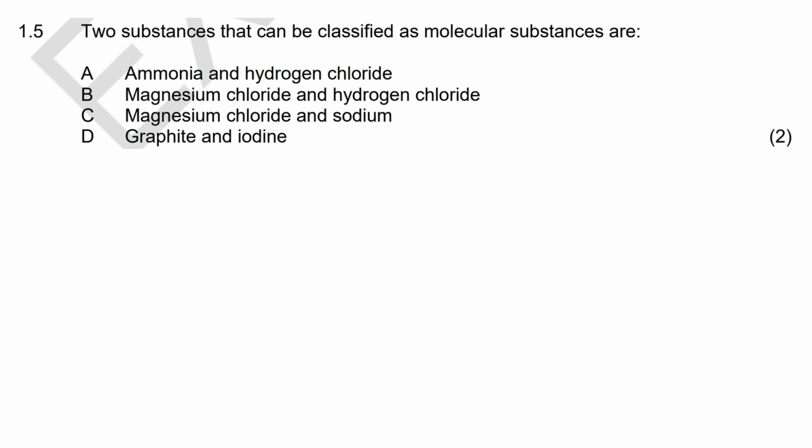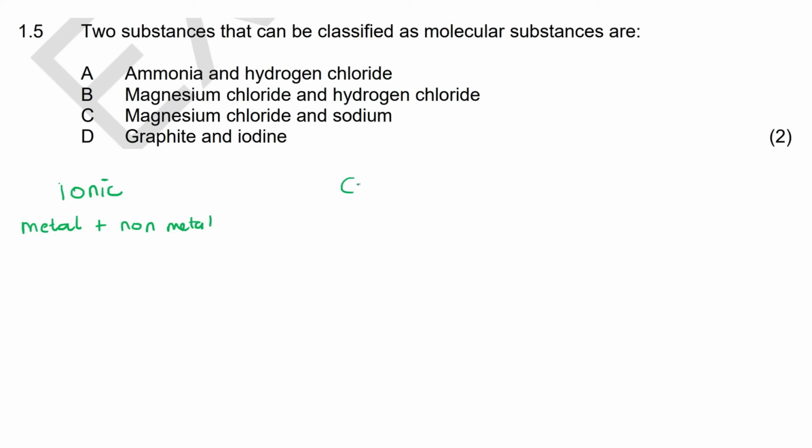Two substances that can be classified as molecular substances are... Okay, so we need to remember the different types of bonding that we get. We've looked at ionic bonding, which is where you have a metal plus a non-metal.